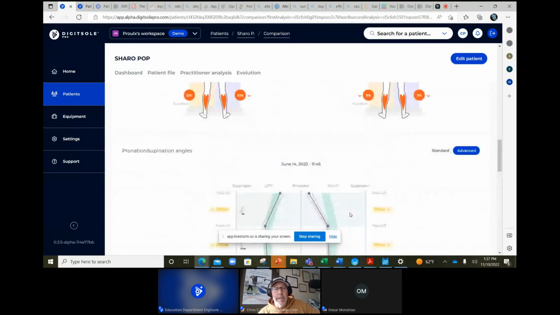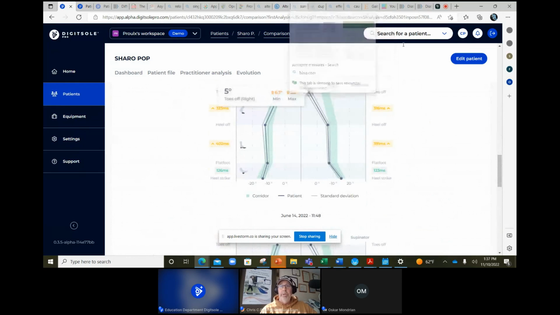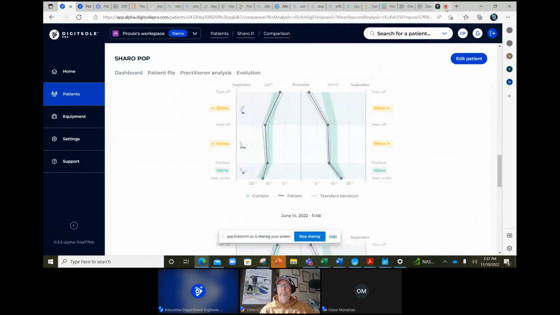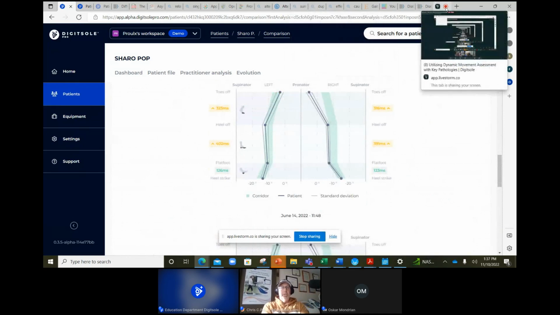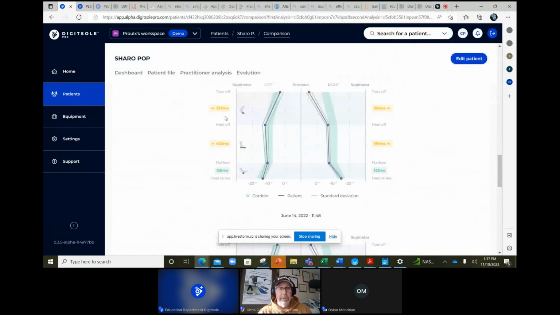So the strategy for this patient, we were addressing her core stability issues, and we also needed to address what was going on with her feet, right? And so as a result of doing both of those things, the first thing that we did was we wanted to correct her walking pattern.